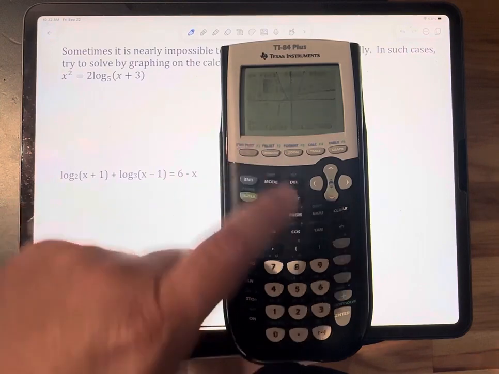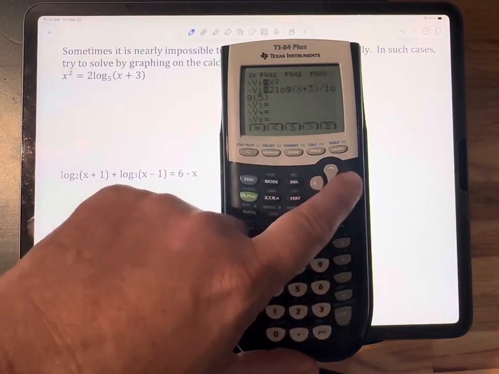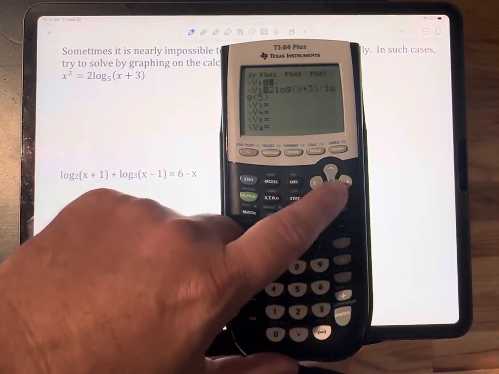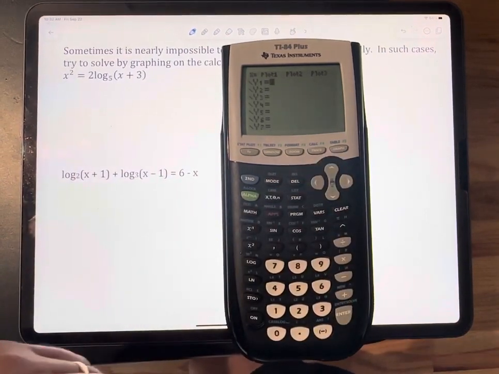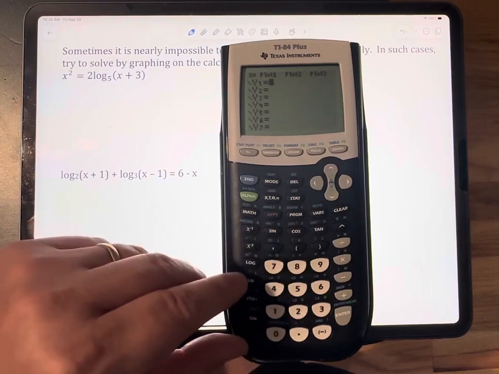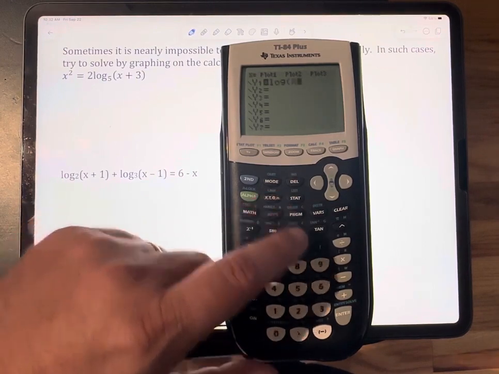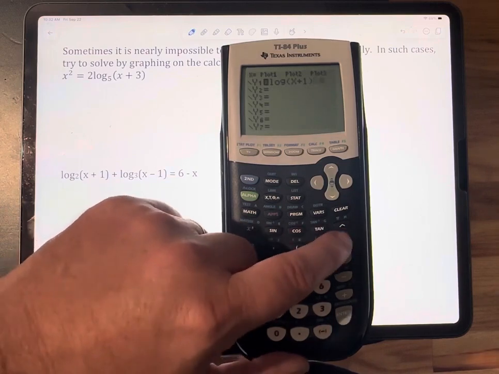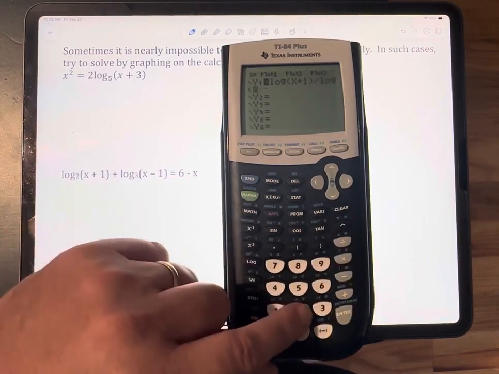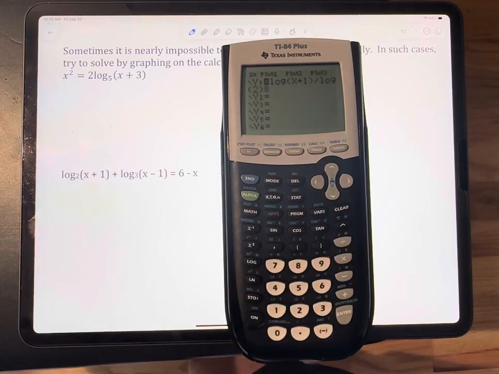So here, going to our y equals screen, we'll clear out these old equations. On the left side, for logarithm base 2 of x plus 1, we'll enter logarithm of x plus 1, close parentheses, divided by logarithm of 2, close parentheses.